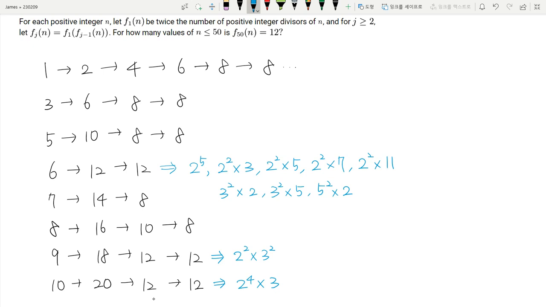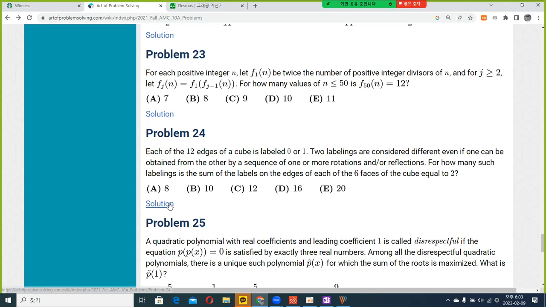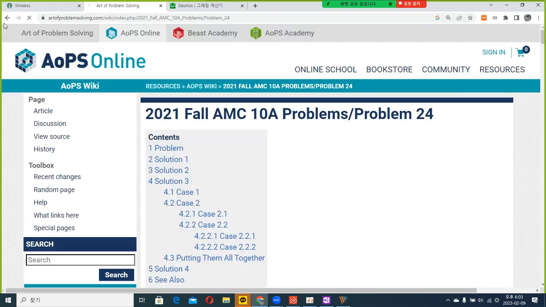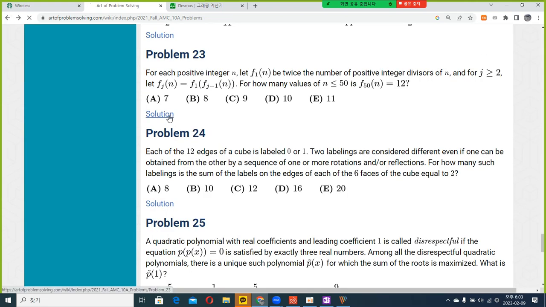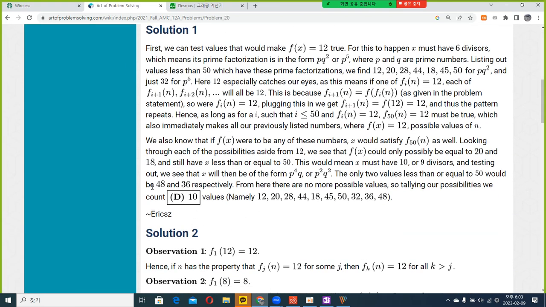So how many numbers are here? There are 10 numbers from 1 to 50.